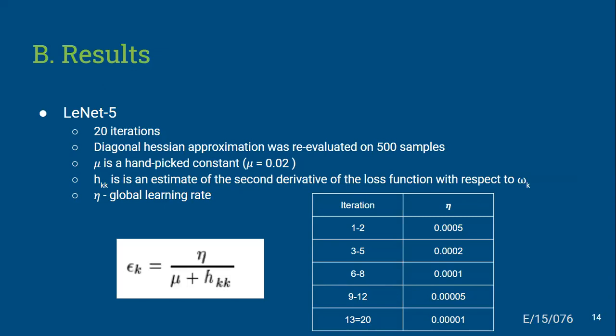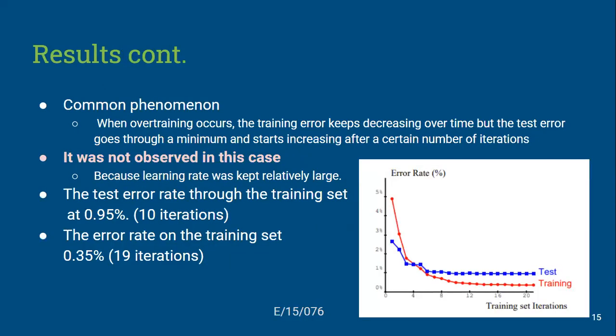Let's move on to the results. There is a common phenomenon when overtraining occurs: the training error keeps decreasing over time, but the test error goes through a minimum and starts increasing after a certain number of iterations. But as you see in this plot, it was not found here because the learning rate was kept relatively large.